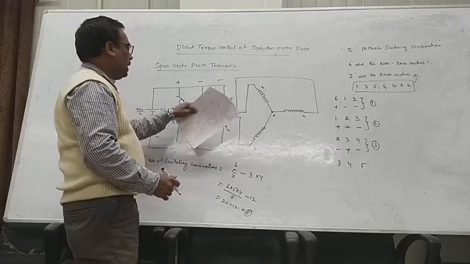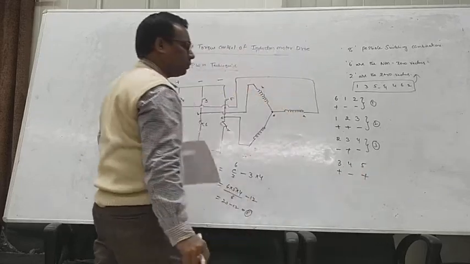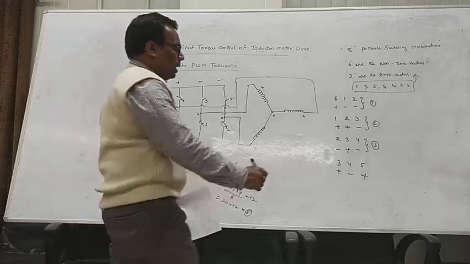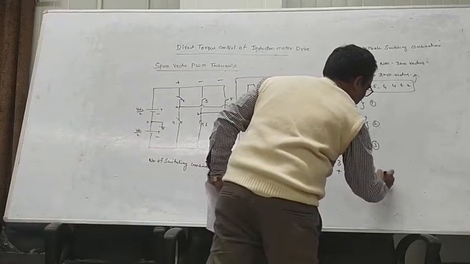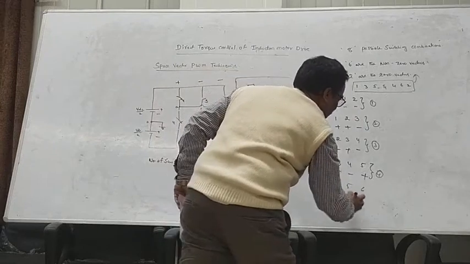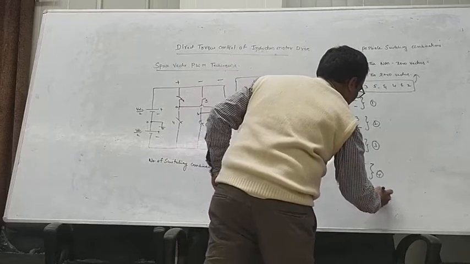So it is plus minus plus. This is the fourth one, and the fifth one is 4, 5, 6.